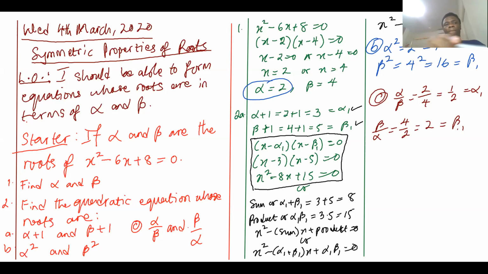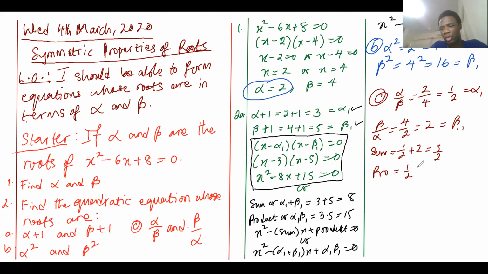With this, you can find the sum. I use the sum and product approach; I prefer that to alpha 1, beta 1. Because you already have it as 1 over 2 and 2, the sum is just 1 over 2 plus 2, which is 5 over 2.